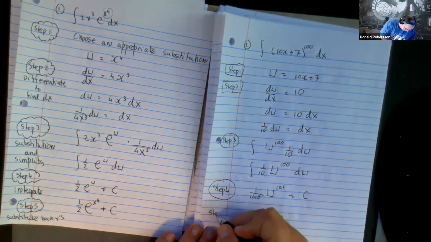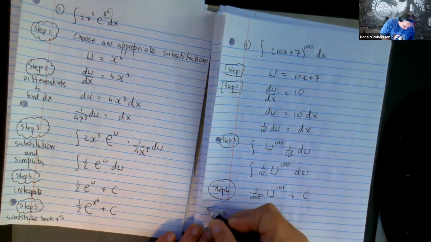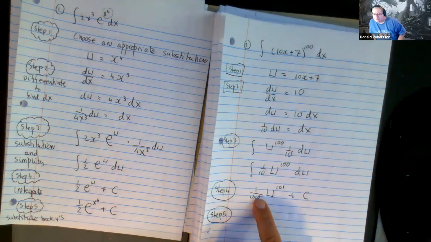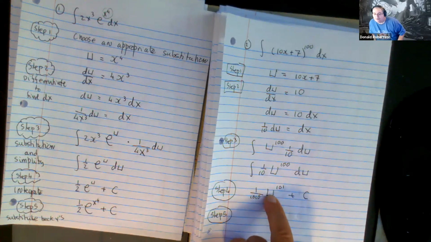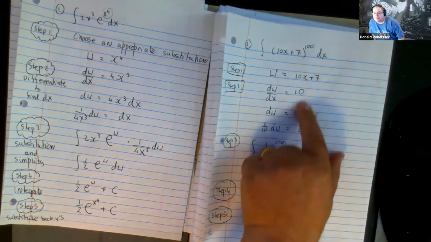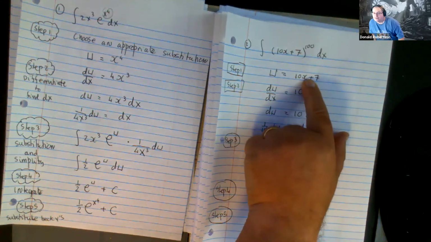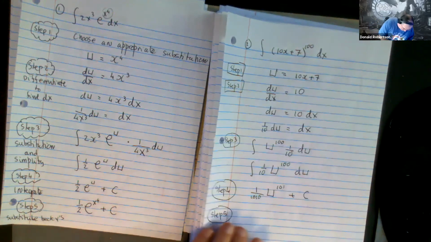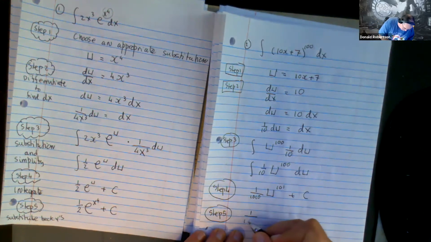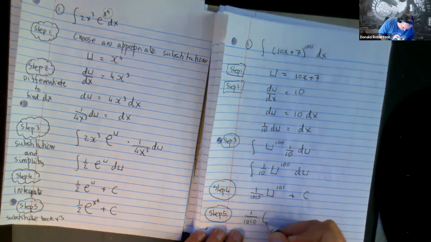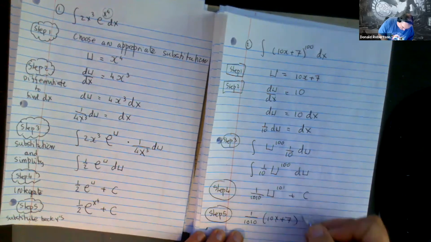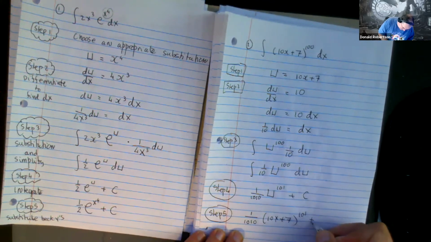Last step, step 5. Take your answer, which is in terms of u, and convert it back to x's using this. Substitute it back. So it's 1/1010 times (10x plus 7) to the power 101, add c.